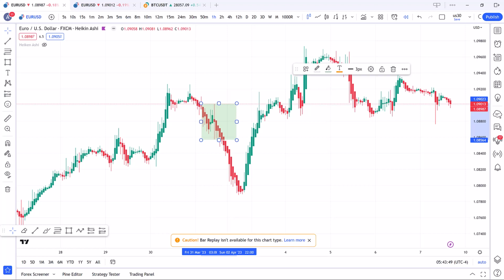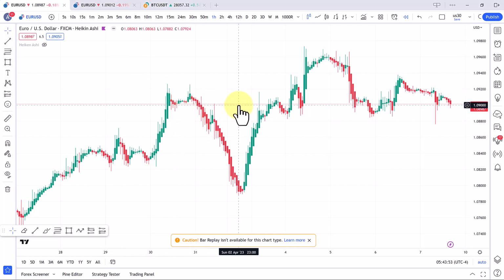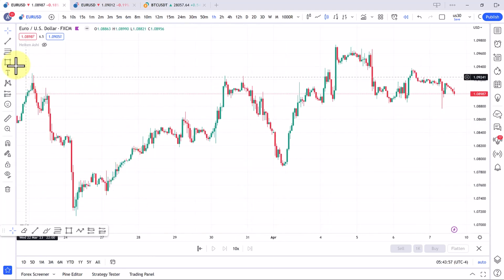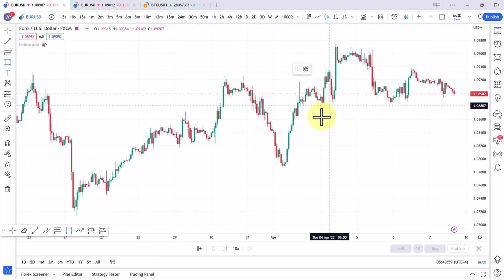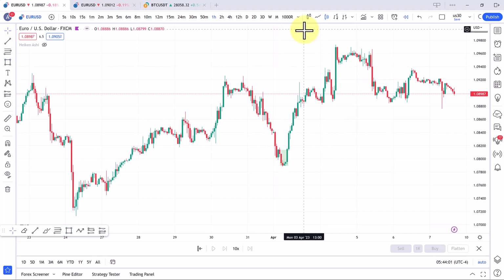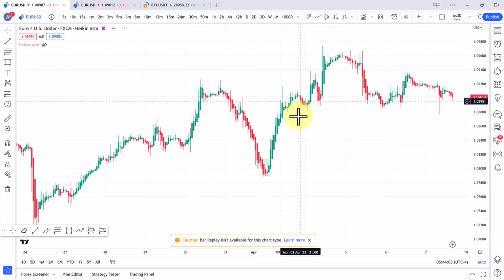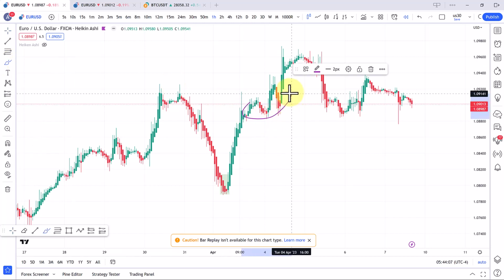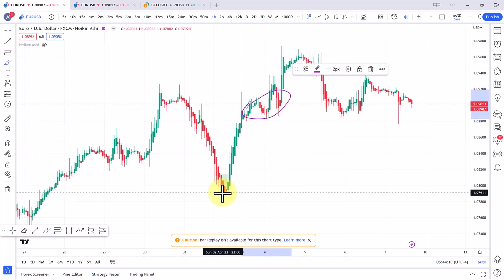But the most important thing is that if you entered a trade, for example you entered the trade here, you can simply go and switch to Heiken, and you won't see noise unless you go here.